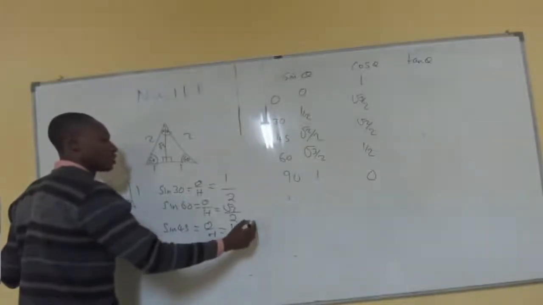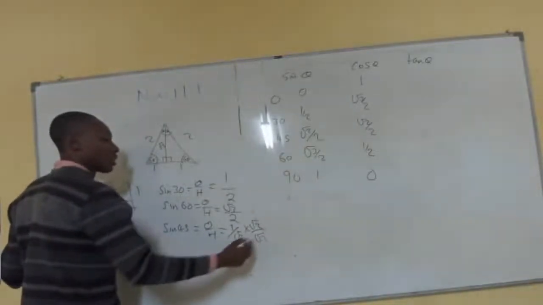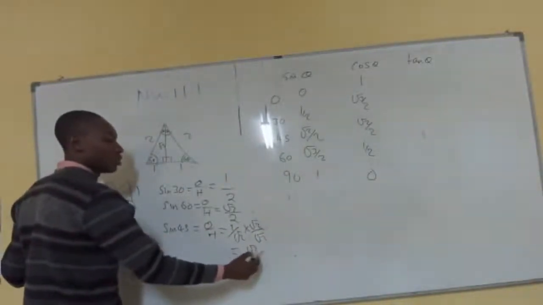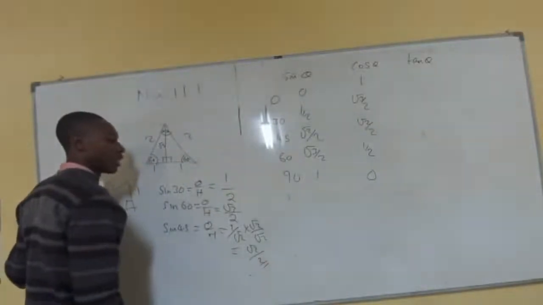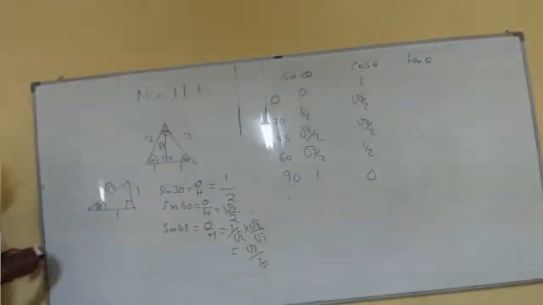If you rationalize this, you have the final answer as root 2 over 2. So this is where we get the root 2 over 2 from. Let's continue from there.